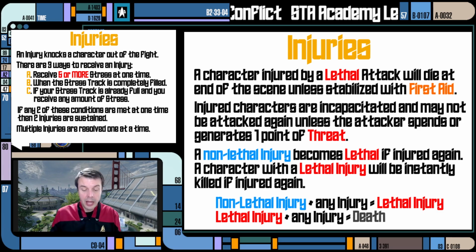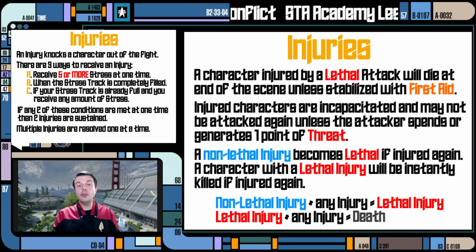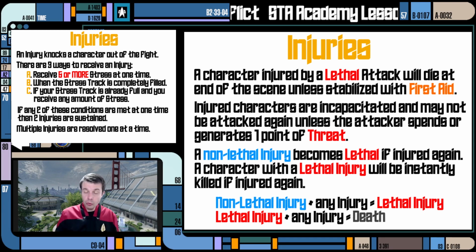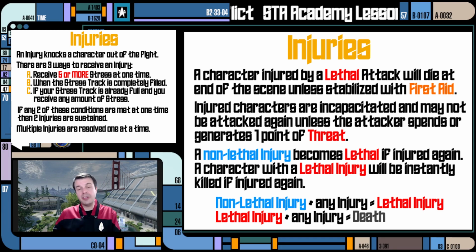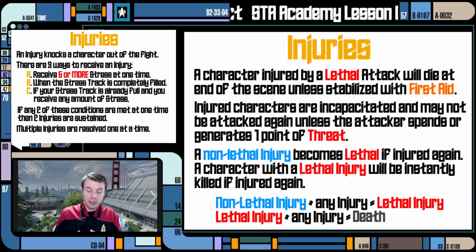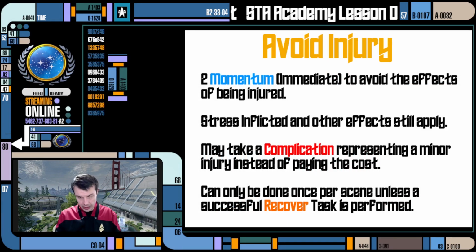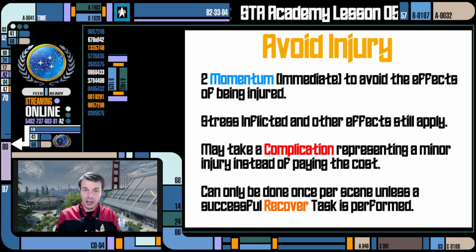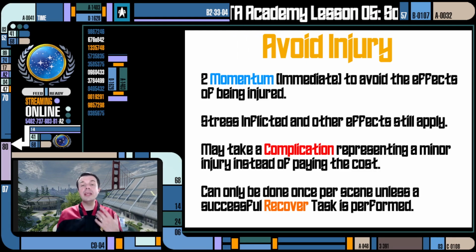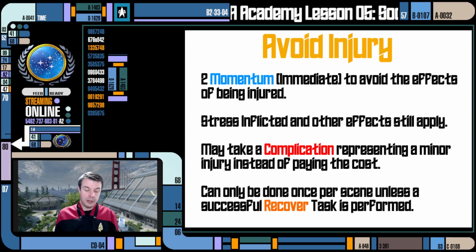So moving on. There are ways to keep fighting and stay in the battle once you are injured. Generally, injury incapacitates you, you're out, but there are 2 main ways to keep going. First is called avoiding injury, and I mentioned that a little bit earlier. You spend 2 momentum. It's an immediate spend, so you can use threat for it as well, and you will avoid the effects of being injured.